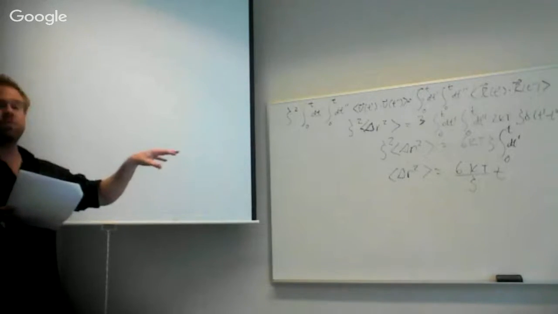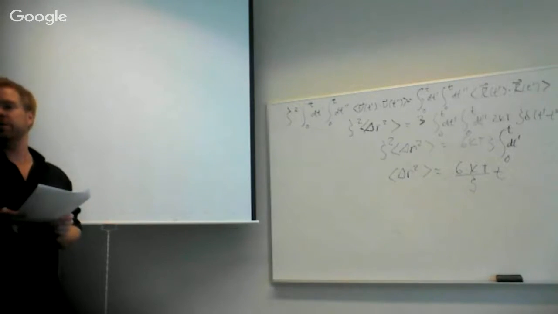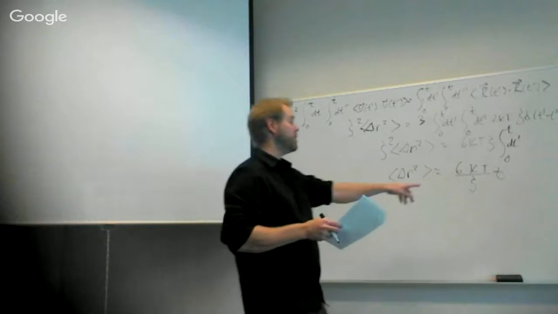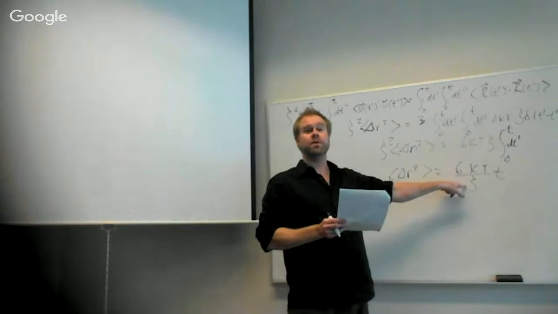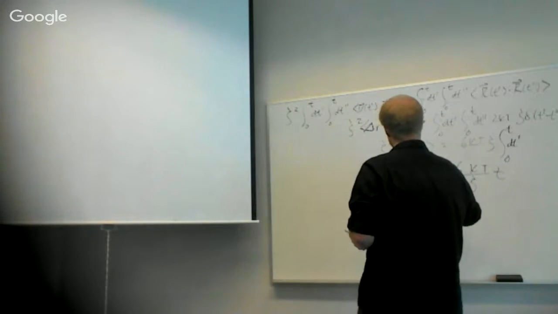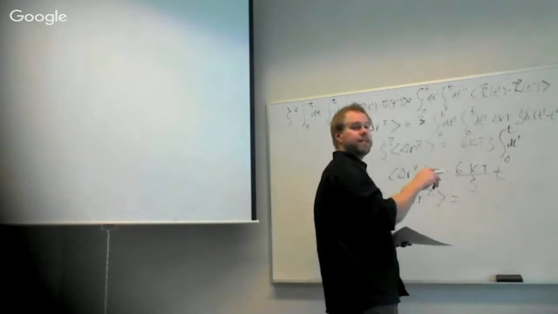Does anything in here look familiar? Yes, no, maybe? Yeah, well, how about the kT over zeta? D, that's a diffusion solution, right? So we have derived delta r squared is equal to 6Dt.